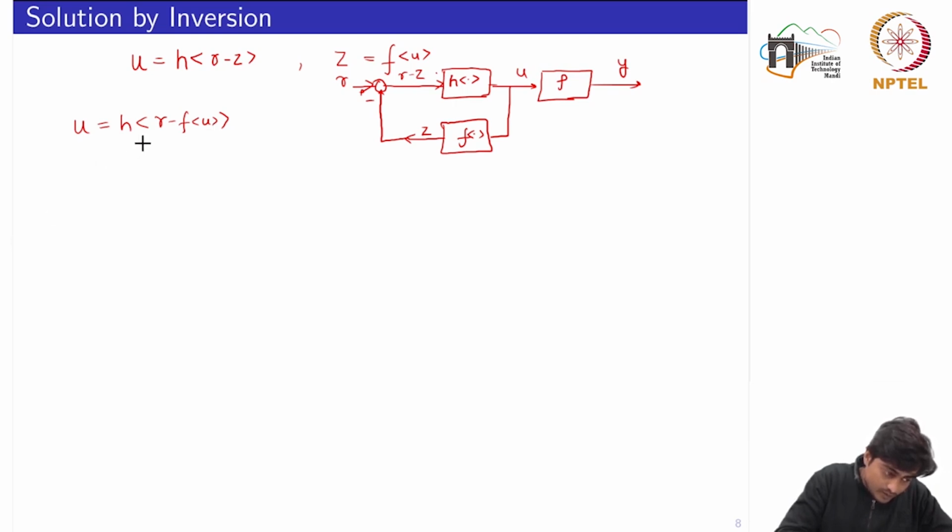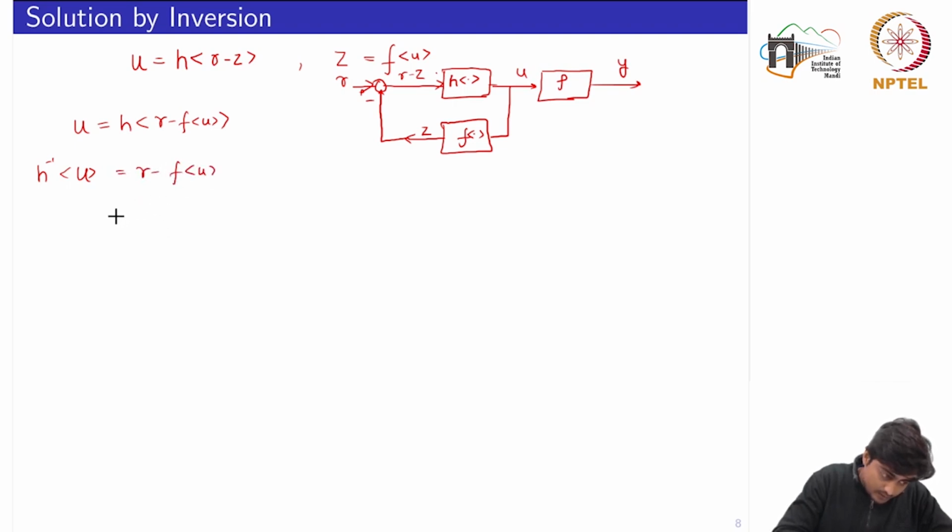Now from here we are going to compute the control signal, which is given by u. Taking this h onto the left hand side, we would have h inverse of u is equal to r minus f of u.